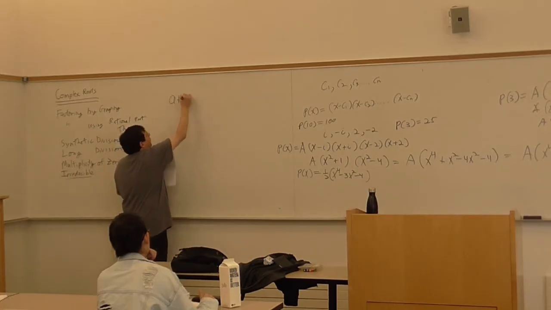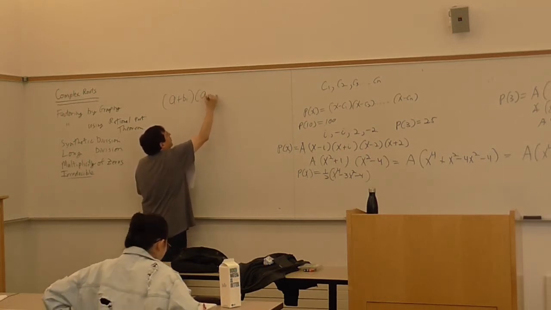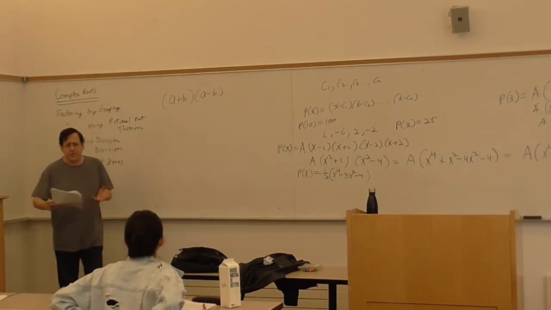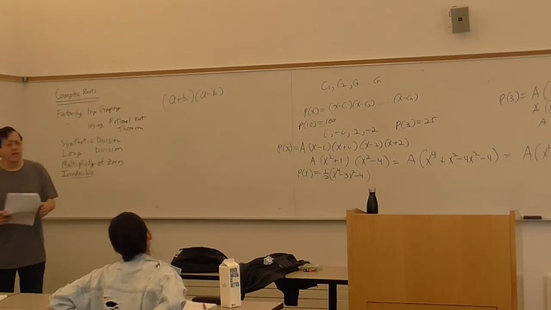If I have a plus bi, that's a complex number. Its complex conjugate is a minus bi. This is similar to when we were trying to get rid of radicals in the denominator, right?